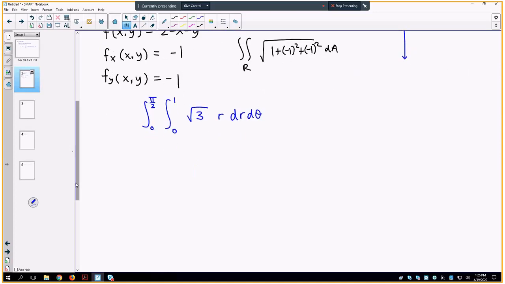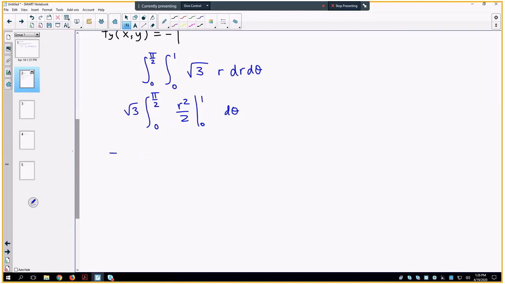So first integrating with respect to r, I'll pull my constant square root of 3 out. This is r squared over 2. I want to evaluate it between 0 and 1, and then integrate with respect to theta. So that's the square root of 3 times integration 0 to pi over 2. If I evaluate at 1, I get 1/2. If I evaluate at 0, I get 0.